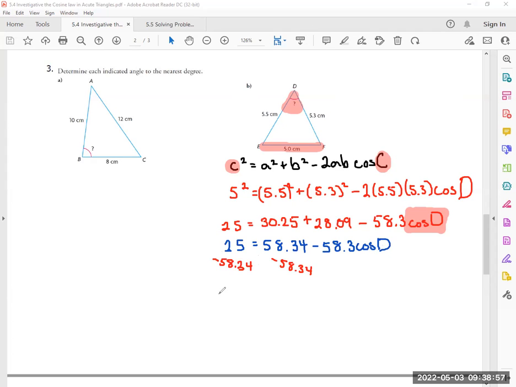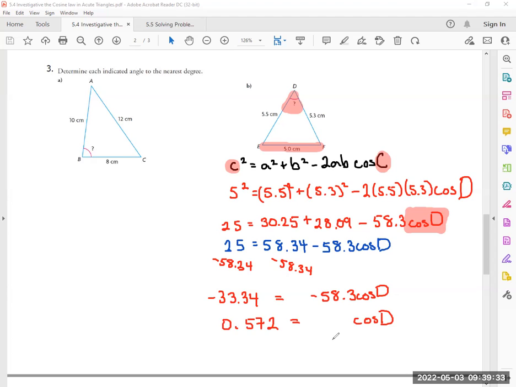This gives me 25 minus 58.34, negative 33.34, equals negative 58.3 cosine D. That means I can get cosine D all alone by dividing both sides by negative 58.3, giving me 0.572 rounded.